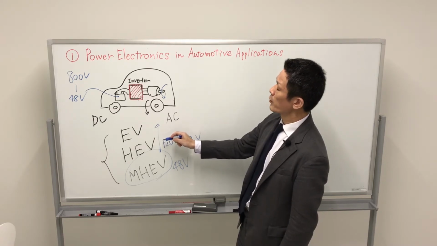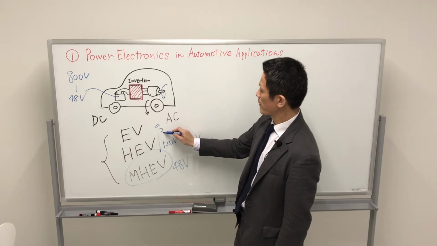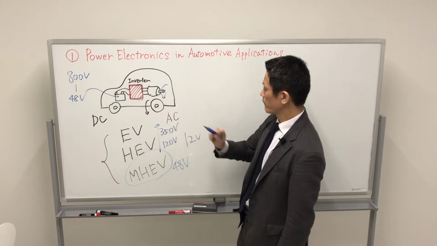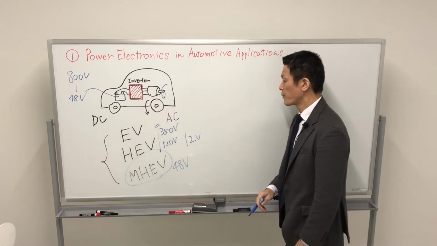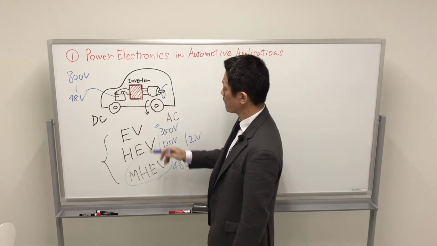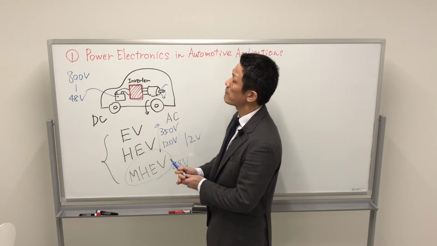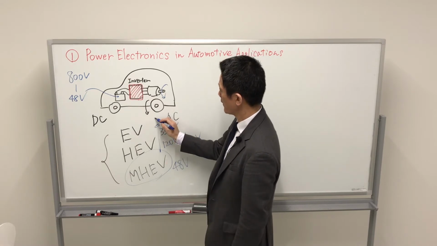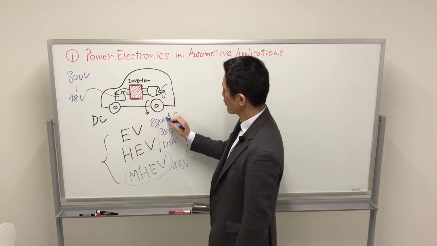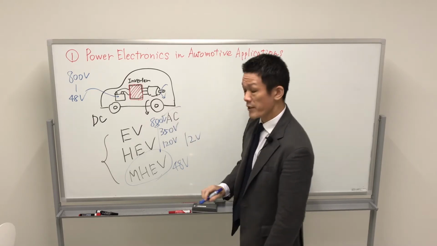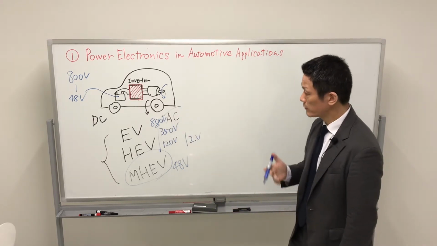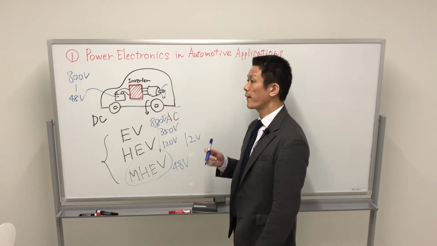Tesla's Model S and Model 3 are around 350 volt, and the upper product model maximum is around 800 volt. This one is the Porsche Taycan, you know. That is a pure electric vehicle.